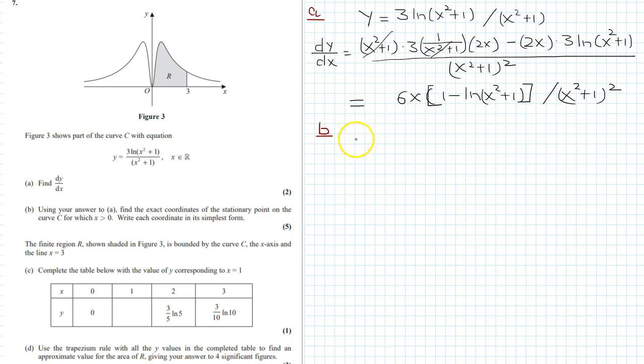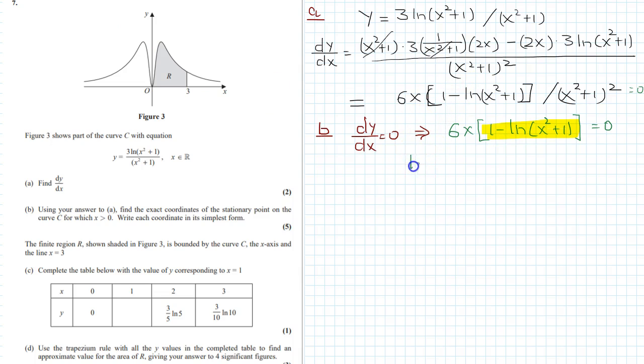So this expression is equal to 0. The denominator will not be 0, so only this numerator will remain. So this means 6x times 1 minus ln x square plus 1 equal to 0. It says x is greater than 0, so x cannot be 0. It means only this portion is 0.